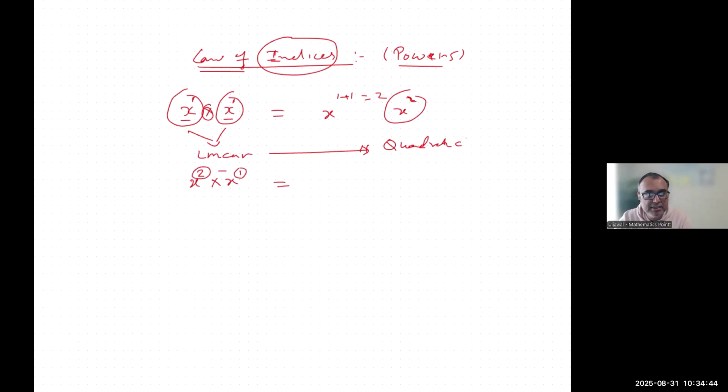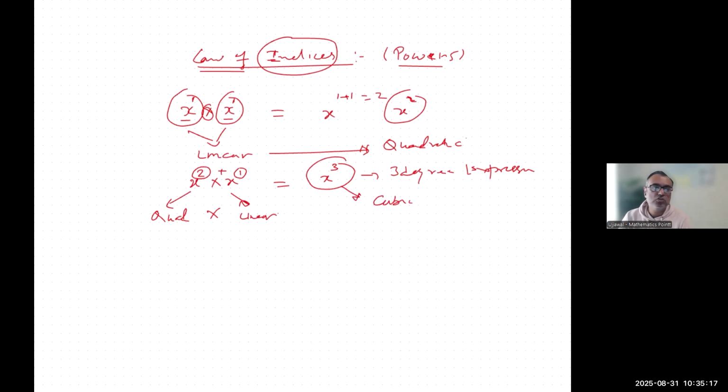So this becomes x raised to the power of 3, x cubed. This is a quadratic. This is a linear. So when a quadratic is multiplied by a linear, I get a 3-degree expression, and I call it a cubic. So a 3-degree expression is a cubic.